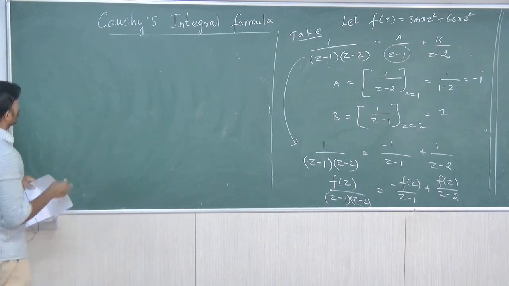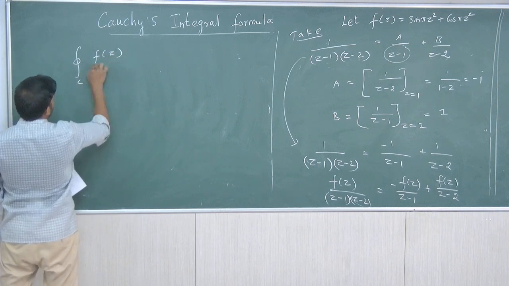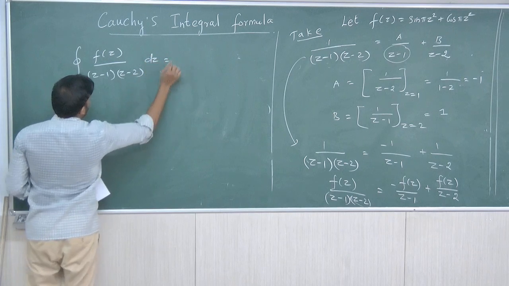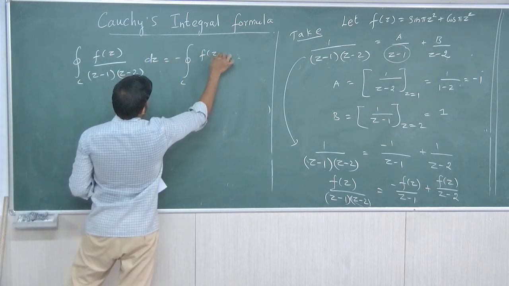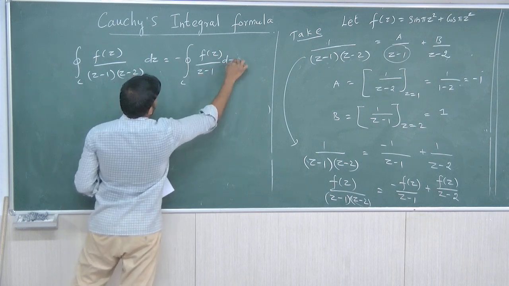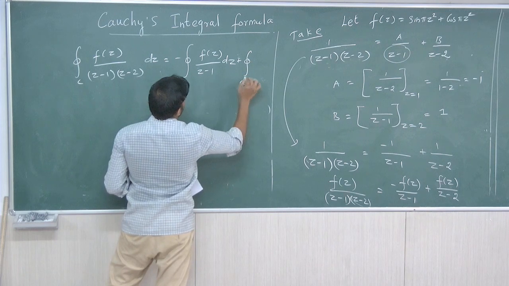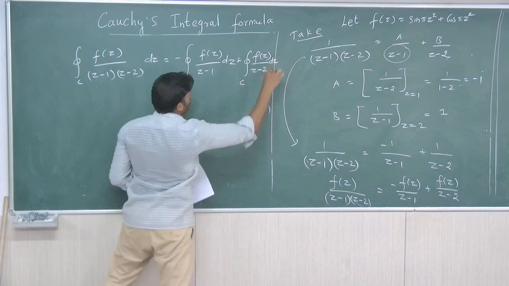Right? So if you include the integration, you may get the integral of f of z by (z minus 1)(z minus 2) dz equal to minus the integral over C of f of z by z minus 1 dz plus the integral over C of f of z by z minus 2 dz.